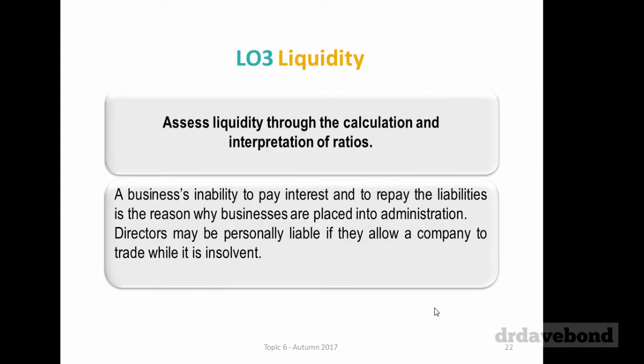Liquidity. Liquidity is important. If you don't have enough money to pay your debts, you're in a world of hurt. I talked about the too big to fail. Liquidity was a major issue that these guys had.